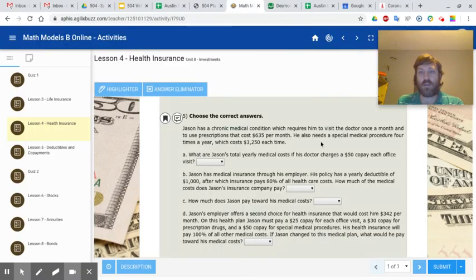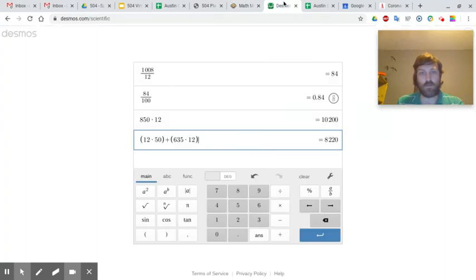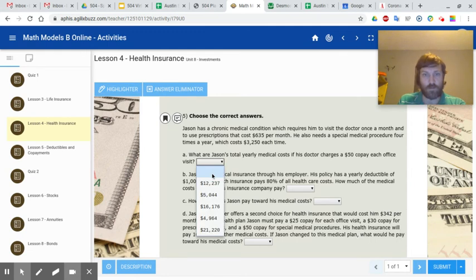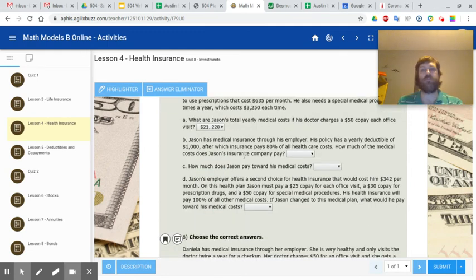And then he needs this medical procedure 4 times a year, so that's 3,250 times 4. So 12 times 50 is the visits to the doctor, 635 times 12 is the prescriptions, and 3,250 times 4 is the medical procedures. And so 21,220 is his total medical costs.